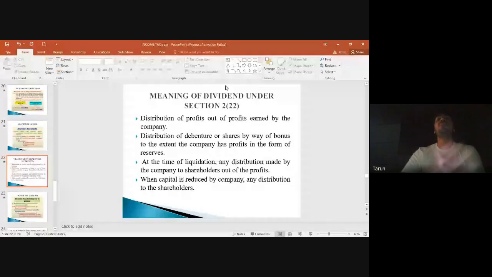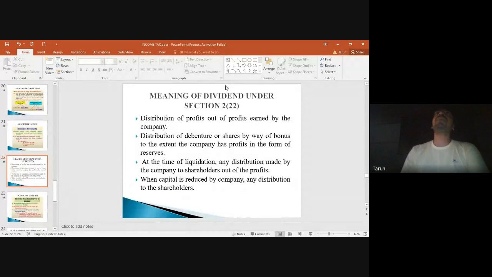For example, you are all working in a company and the company has earned 100 crores profit, and some percentage of the profit is distributed among all the employees of the company. Whatever amount you are getting is dividend for you, because you are getting a portion out of the profits earned by the company.